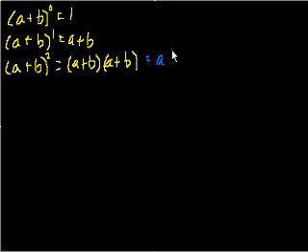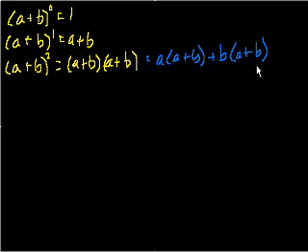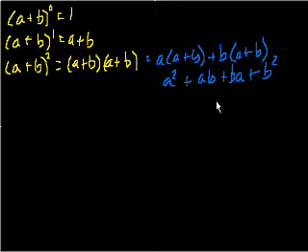That equals a times a plus b, right? Plus b times a plus b, which is equal to a squared plus ab plus ba plus b squared, which is equal to a squared plus 2ab plus b squared. That should be a bit of a review for you.